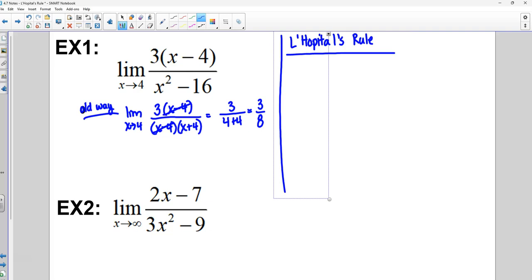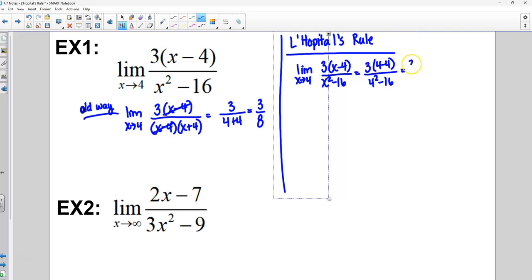Now, I'm going to write something down that you may or may not want to write down, but it's bad notation, and we're not allowed to do it. Okay? I'll let you get away with it when we were doing limits. If you write limit as x approaches 4 of 3 times x minus 4 over x squared minus 16, and you plug in the 4, you would get 4 minus 4 over 4 squared minus 16.